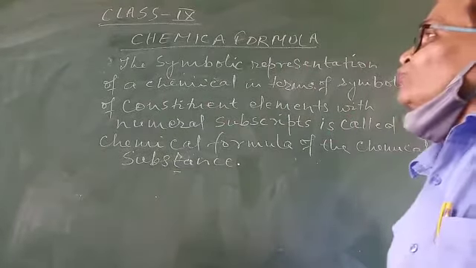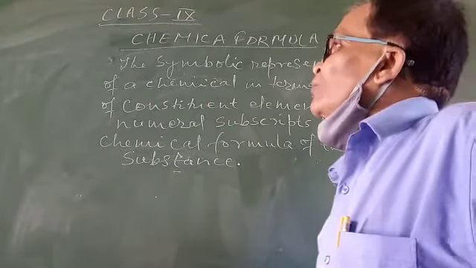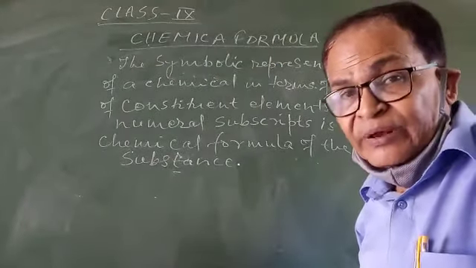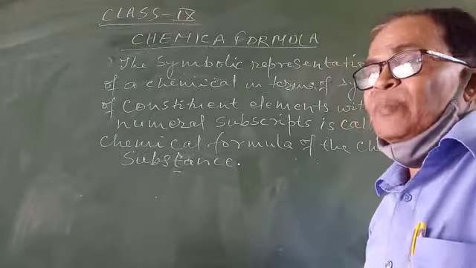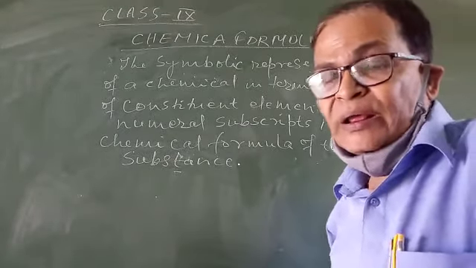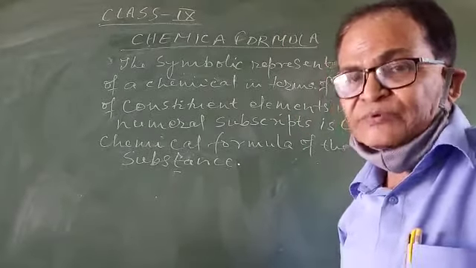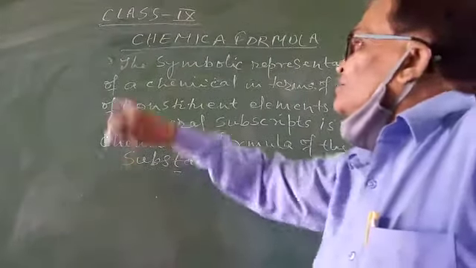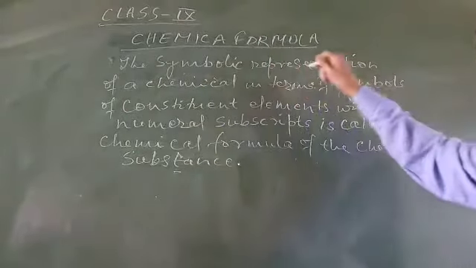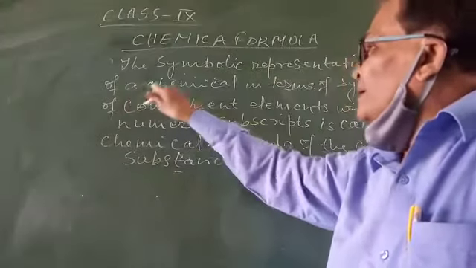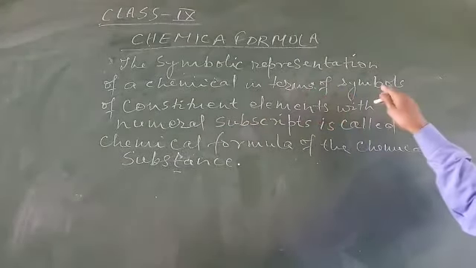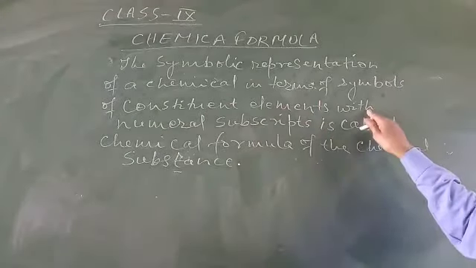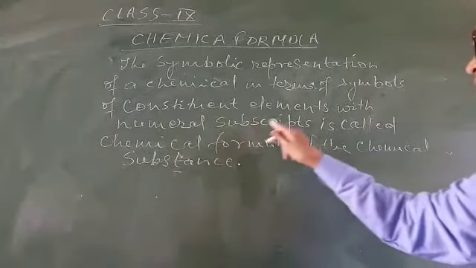Today I am going to tell you about the chemical formula of a substance. A chemical substance, a chemical compound, or a molecule of a substance. Chemical formula may be defined as the symbolic representation of a chemical in terms of symbols of constituent elements with numeral subscripts.